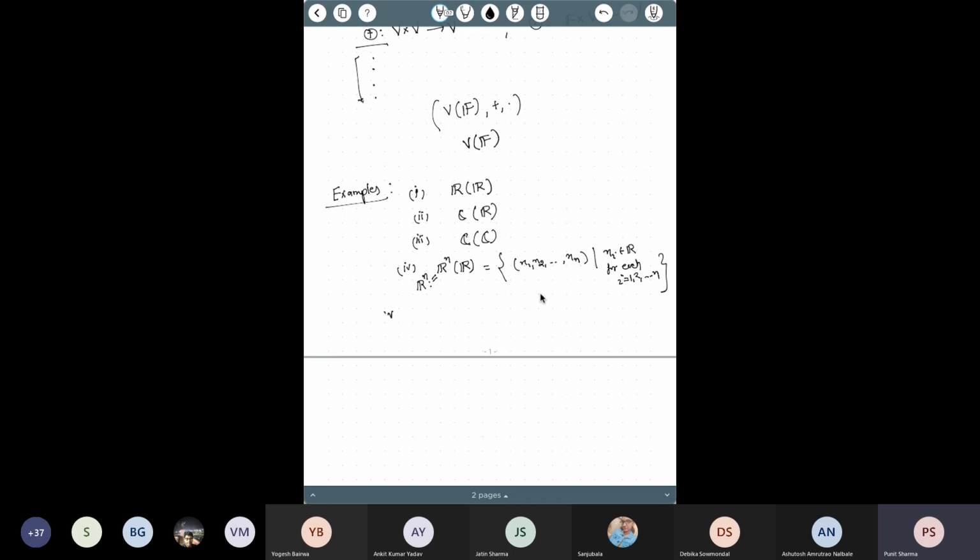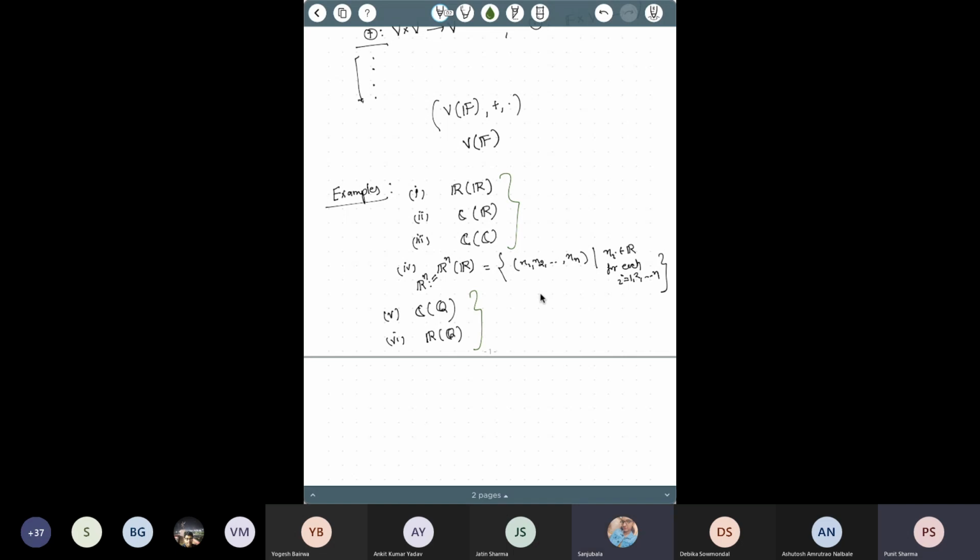So what else? Q over Q. C over Q, R over Q. Looking at these examples, can you say in general that this would always be a vector space?